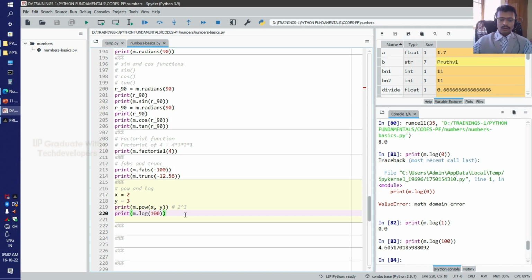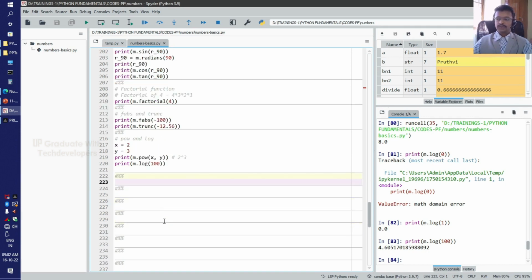Now in the math module we have some other specific functions to check whether the number is finite or infinite. So these are called checking functions. We can also check whether an argument is a number or not using the isnan method.